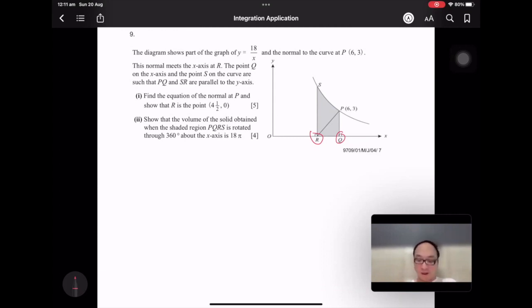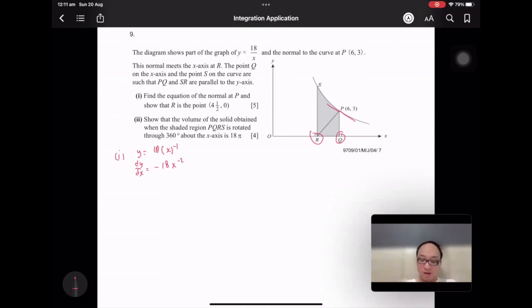Okay, normal, so we have to find the gradient of the tangent. So the gradient of the tangent is the first derivative of the function y equals 18 x to the power of -1. So dy/dx will be negative 18 x to the power of -2.